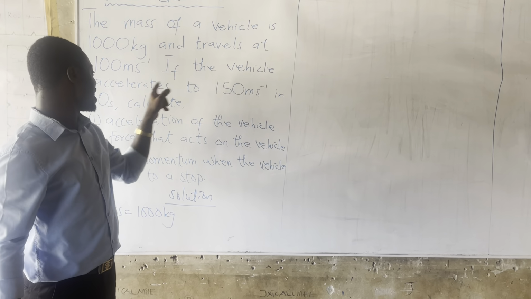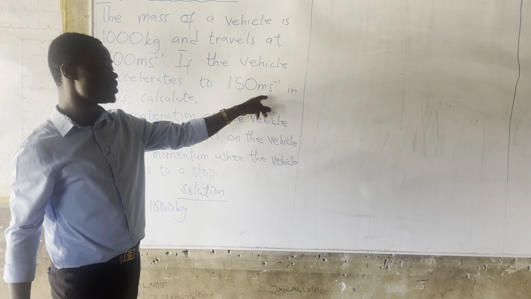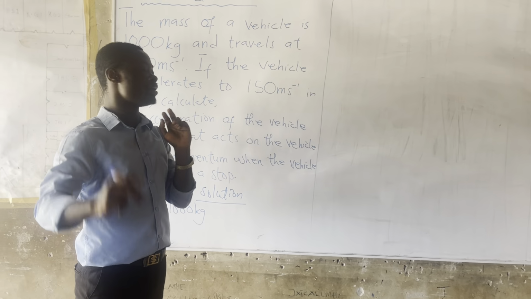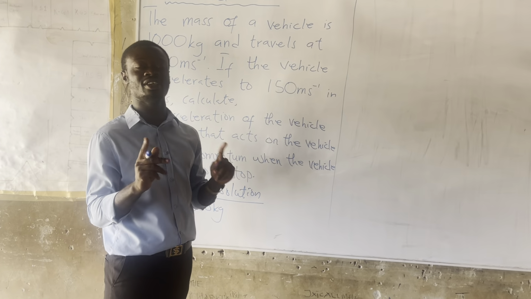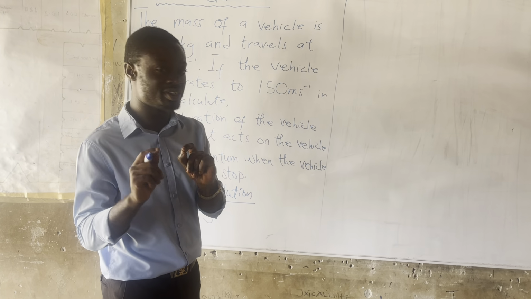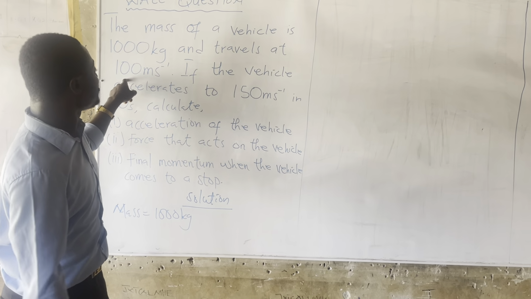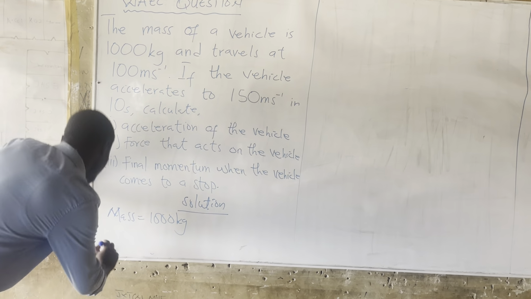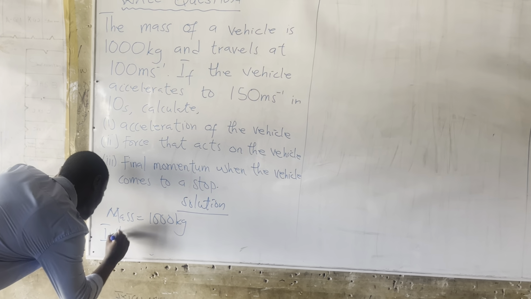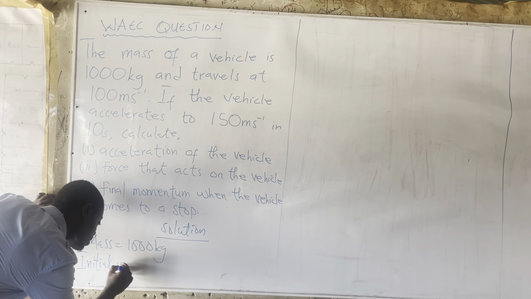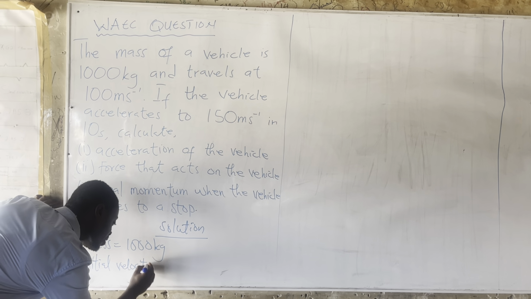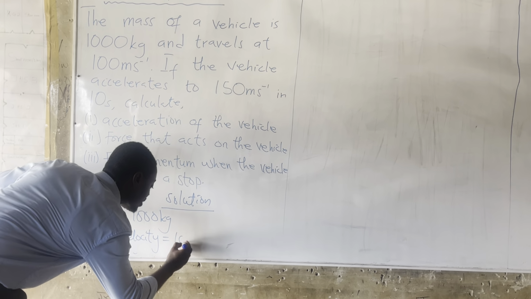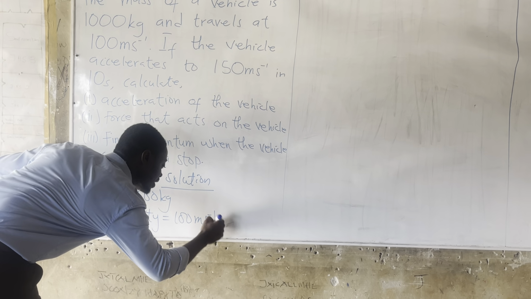Then, if the vehicle accelerates to 150 meters per second, so here the velocity is 2, which means one is final velocity and one is initial velocity. So the 100 meters per second becomes the initial velocity. So initial velocity, which is 100 meters per second.